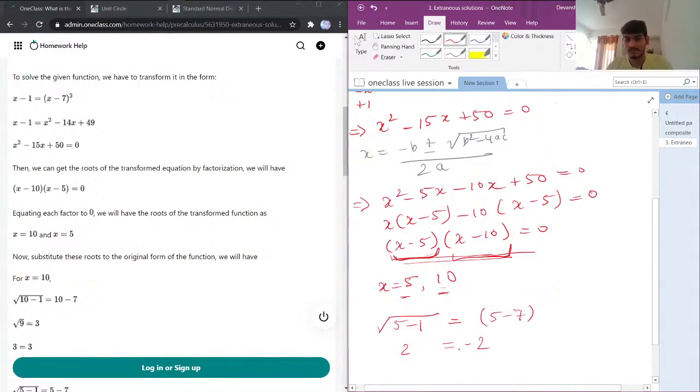Here you can see 2 and minus 2 are not equal, so x equals 5 does not satisfy the equation.